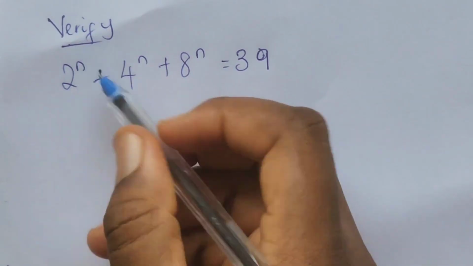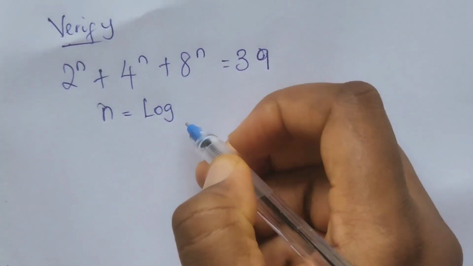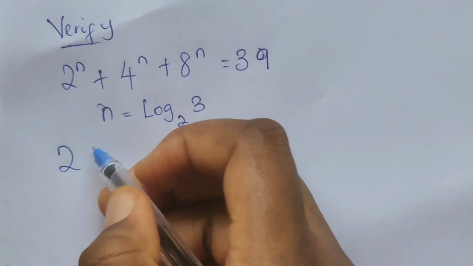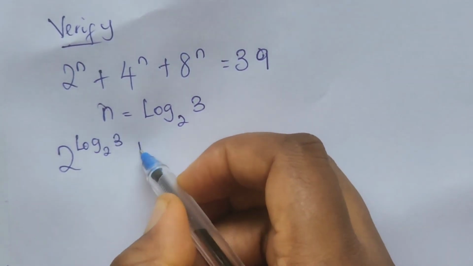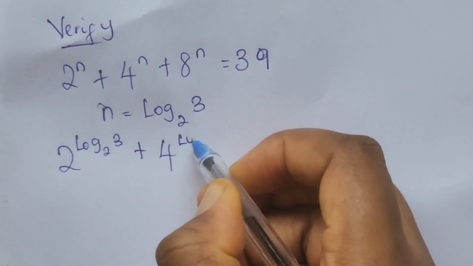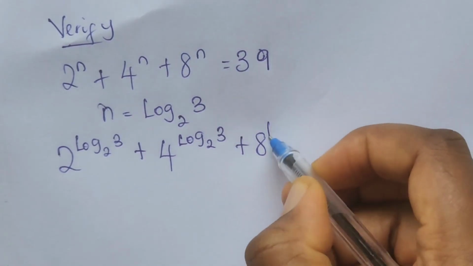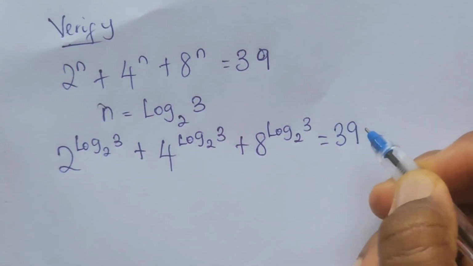So let's verify. Our n is equal to log base 2 of 3. So we have 2 to the power of log base 2 of 3 plus 4 to the power of log base 2 of 3 plus 8 to the power of log base 2 of 3 to be equal to 39.